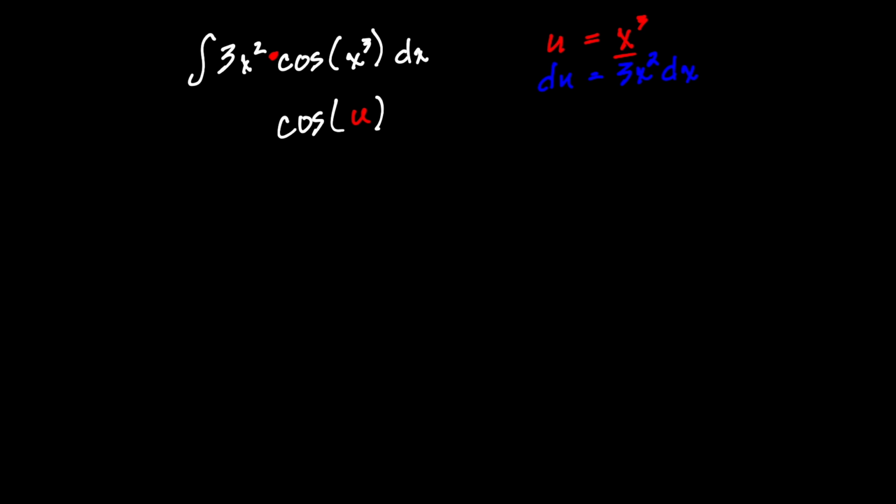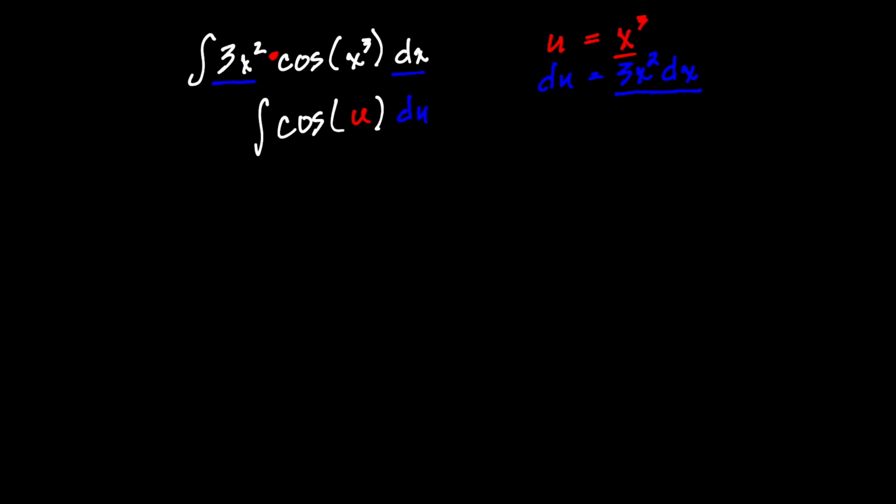And then du, that's 3x squared dx, and here I have a 3x squared dx. So that just becomes my du.